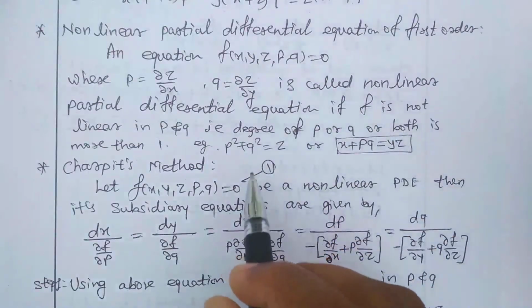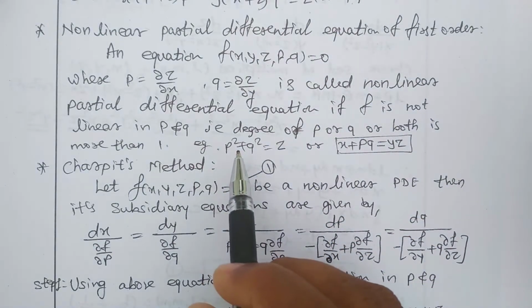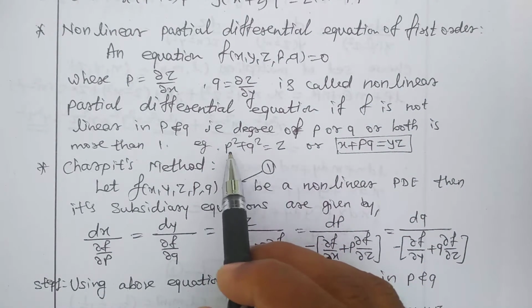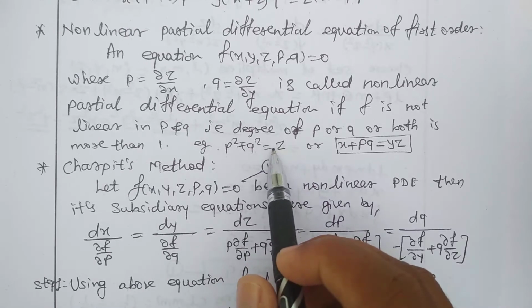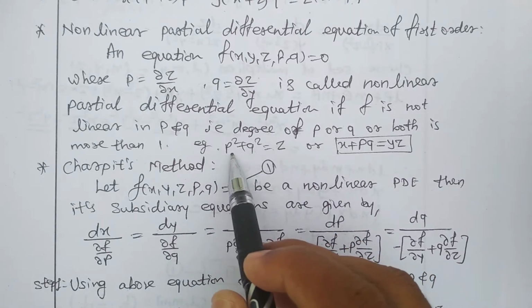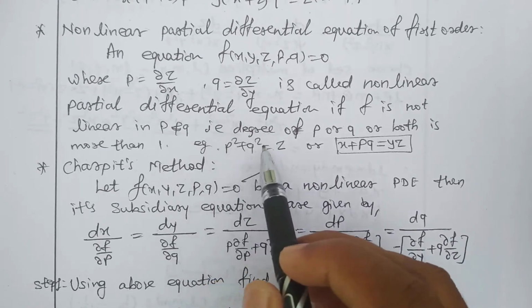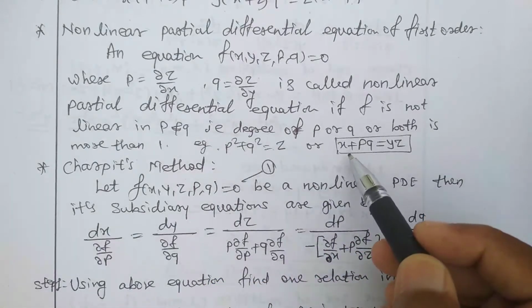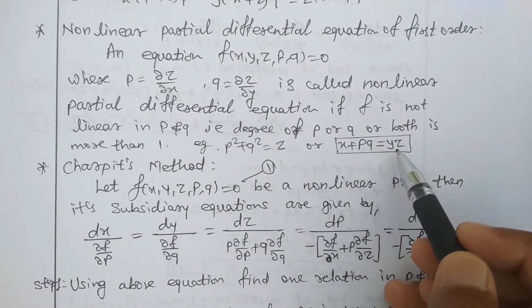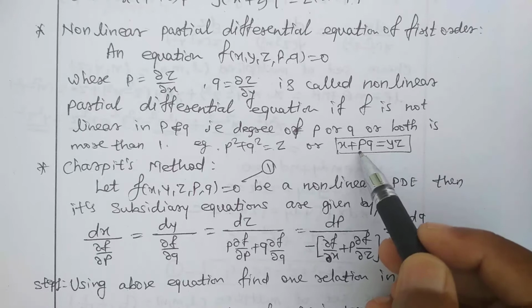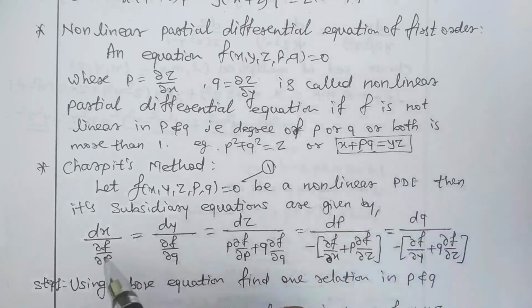So for example, what is a non-linear differential equation? See here, p square plus q square equals z. Here the degree of p is 2, the degree of q is also 2, it is more than 1, so it is a non-linear partial differential equation. Another example, x plus pq equals yz. Here there is a multiplication of p and q.